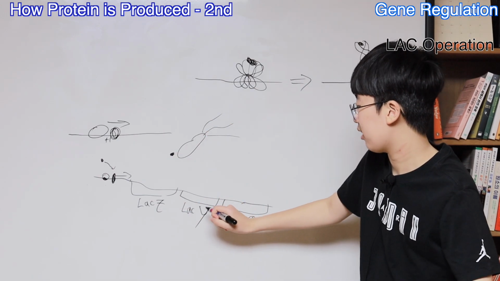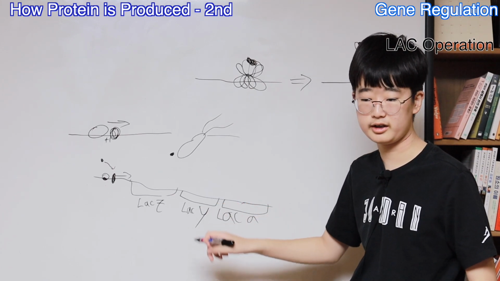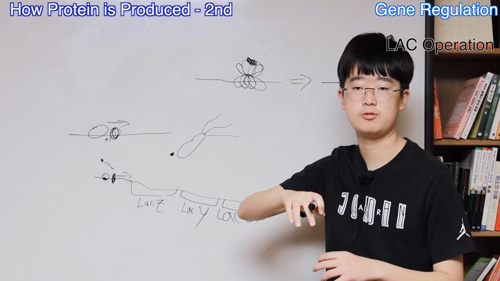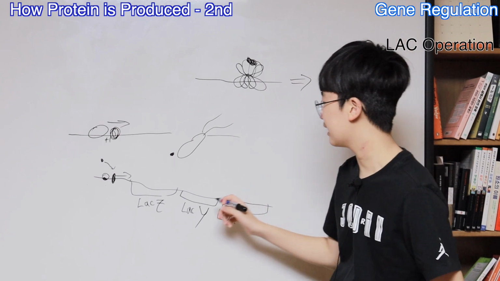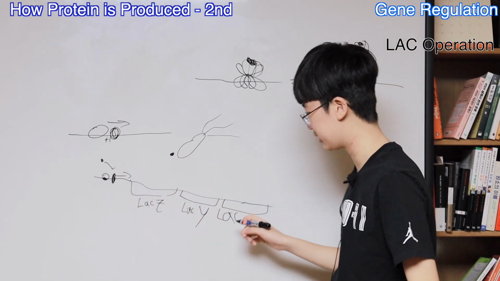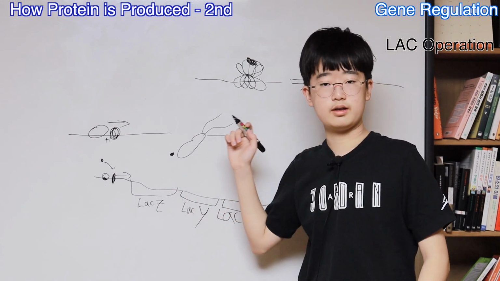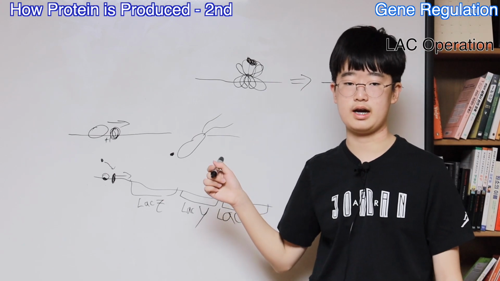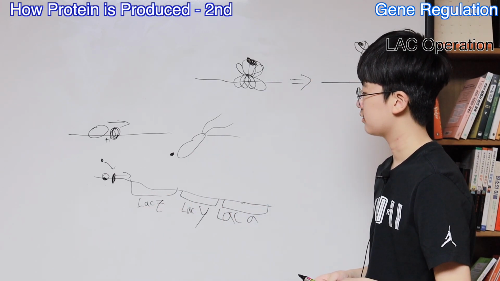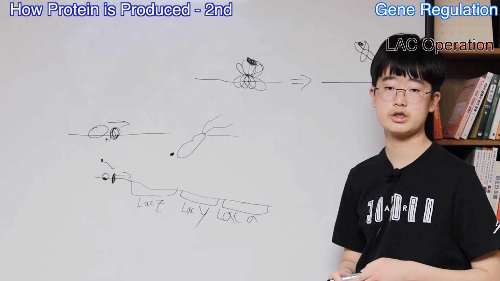Yeah, and LAC-Y, the gene for the LAC-Y protein, brings in more lactose if lactose is still around, and it keeps on the process. And so the E. coli can use the lactose as energy. And yeah, this is kind of how it works.